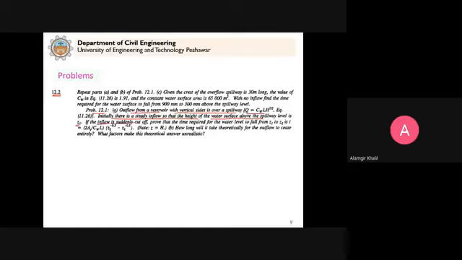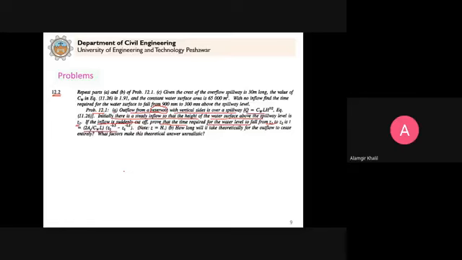If the inflow is suddenly cut off, prove that the time required for water level to fall from Z1 to Z2 is given by this equation. This is the equation for the time for water level to drop from one level to another for a reservoir, for a dam. So you need to derive this equation.